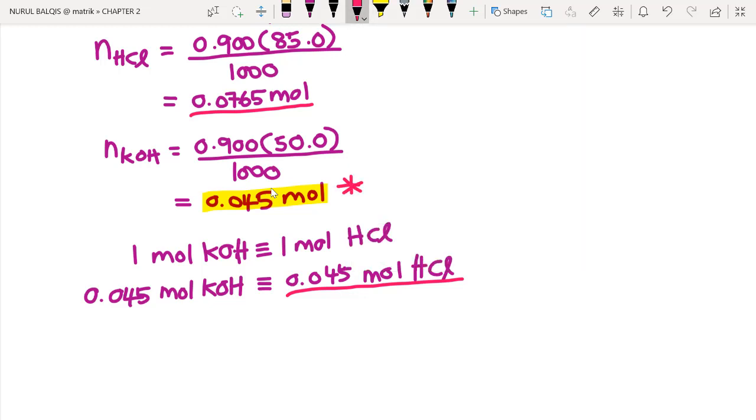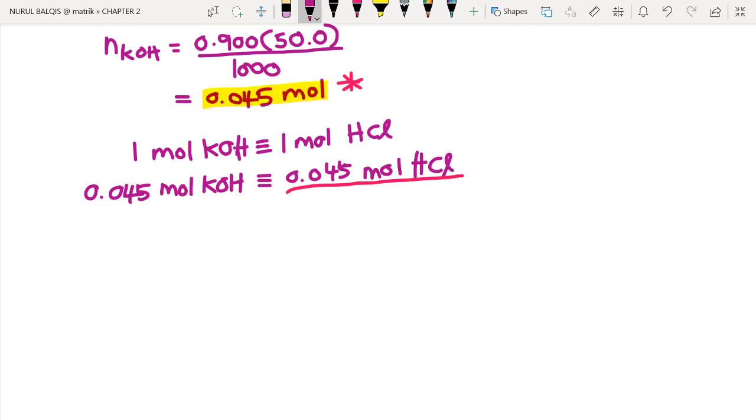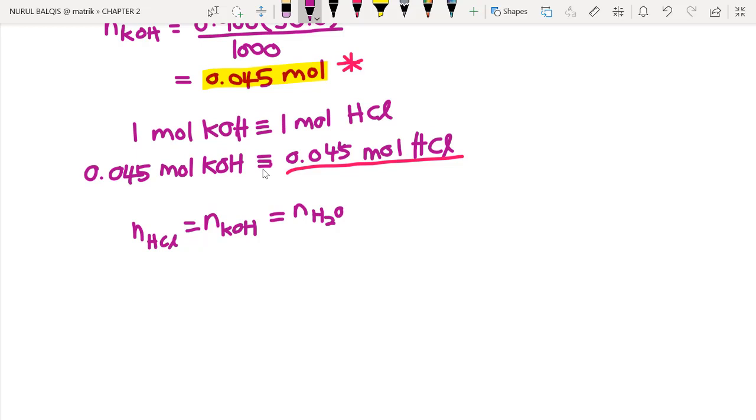We're going to use this number of moles to calculate the Q reaction. From the balanced equation, we know that the number of moles of HCl is equal to the number of moles of KOH, equal to the number of moles of water. From the enthalpy of neutralization, 56.2 kilojoule, we know that 1 mole of H2O formed releases 56.2 kilojoule.